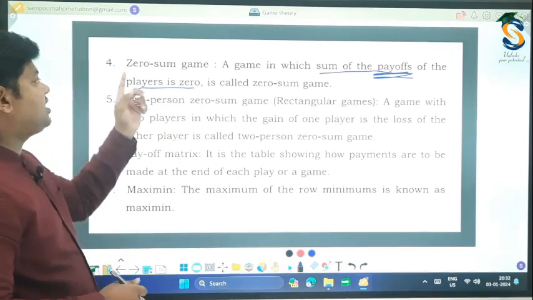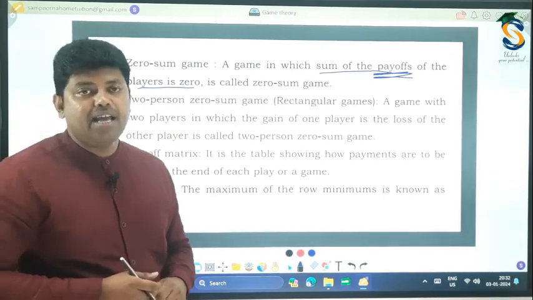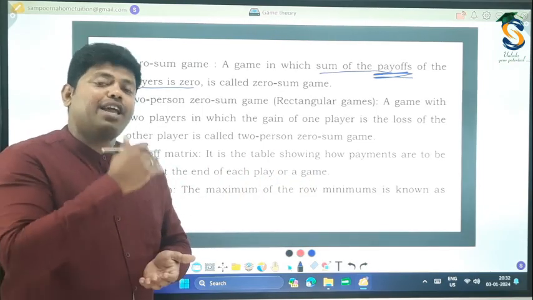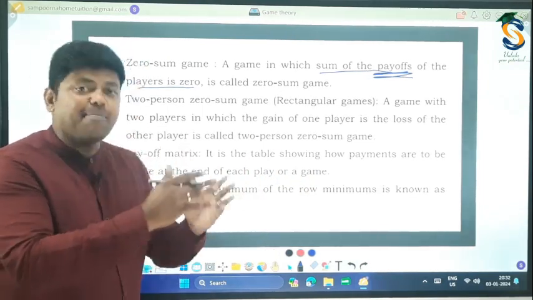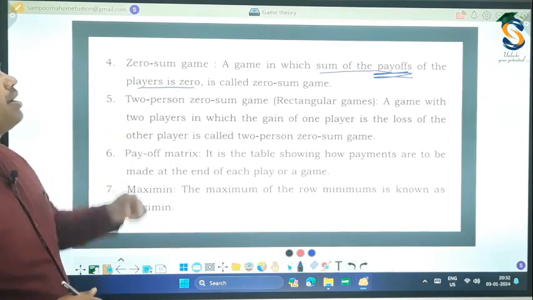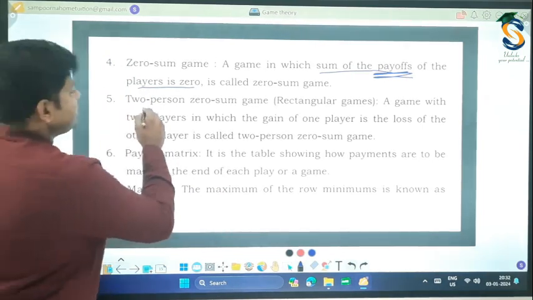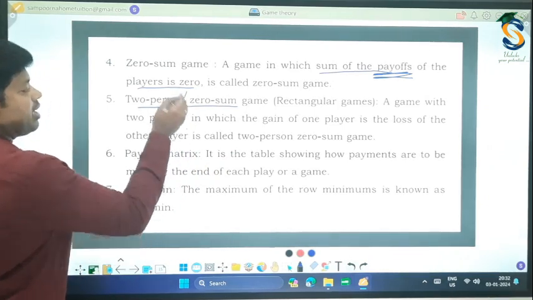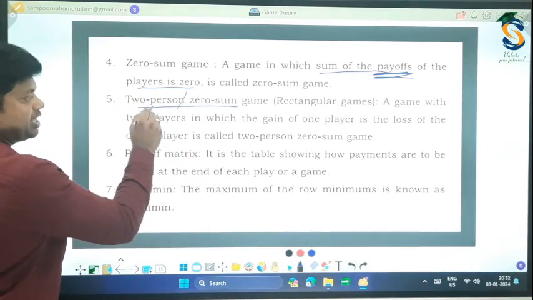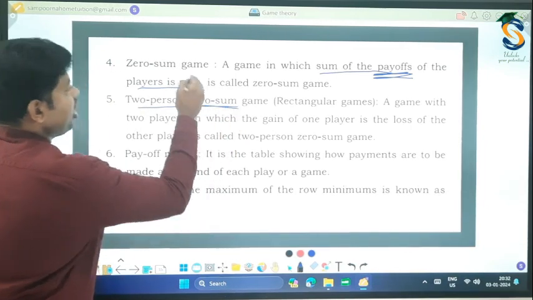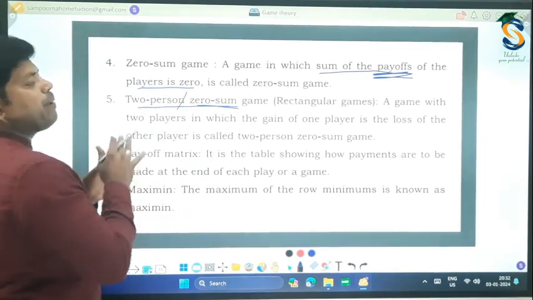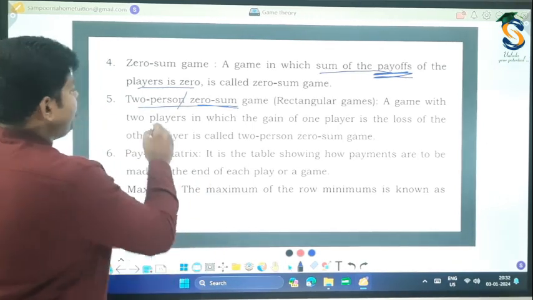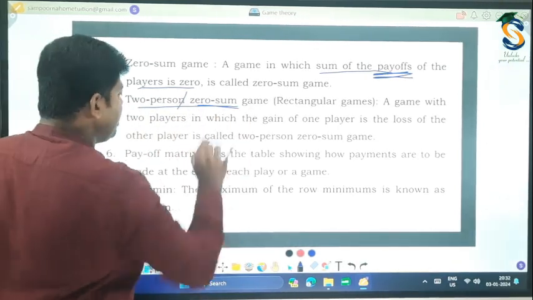Then we call it a zero-sum game. Two-person zero-sum game: you already learnt that two-person means a game with two participants, and zero-sum means that when we add up their payoffs, the result will be 0. Hence we call it a two-person zero-sum game.